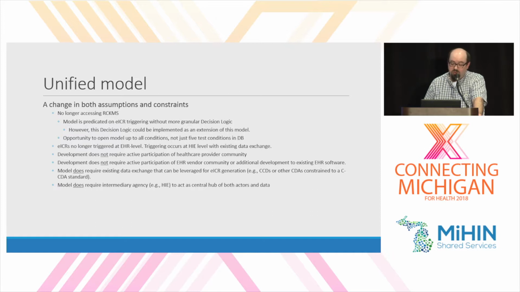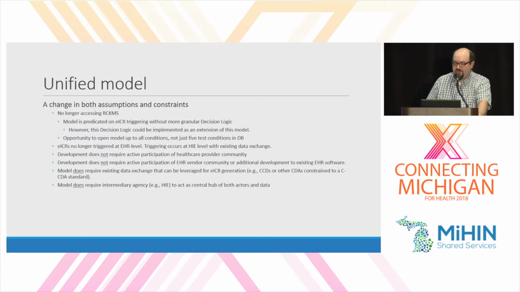This also afforded us the opportunity to open up the model to all the conditions out there and not just those 5 that were being evaluated by the RCKMS. So with this model, like I mentioned, we don't have the trigger codes at the EHR. We have them at the HIE.